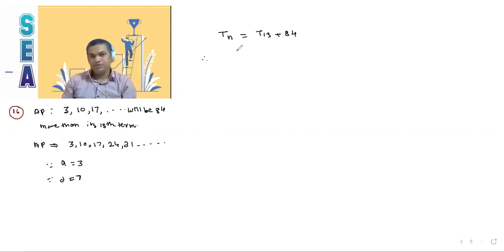Let us see. Tn is equal to a plus n minus 1 into d, and this equals a plus 12d plus 84.